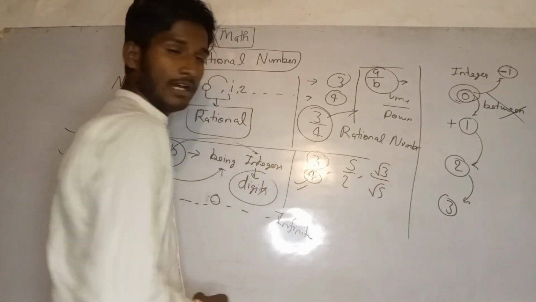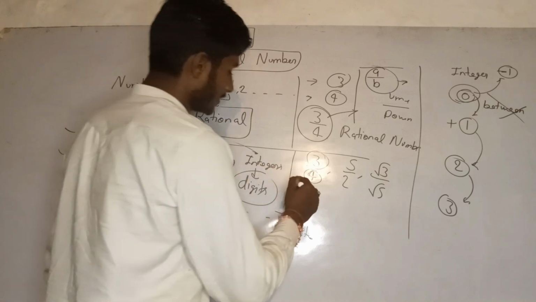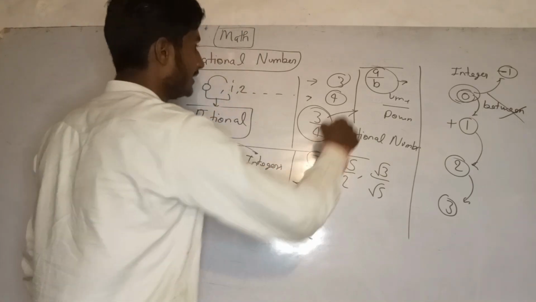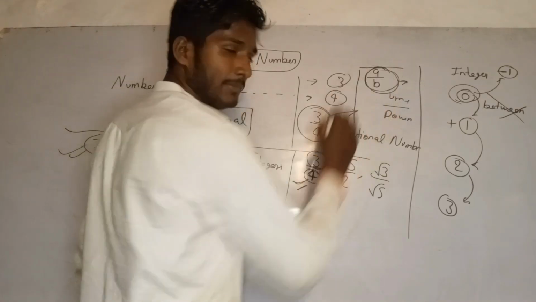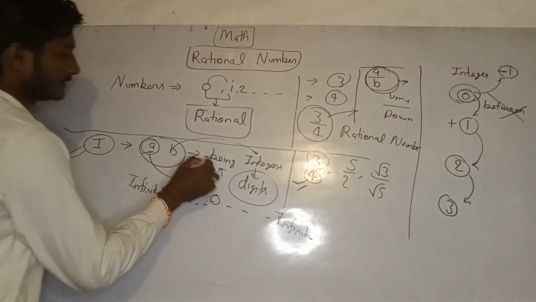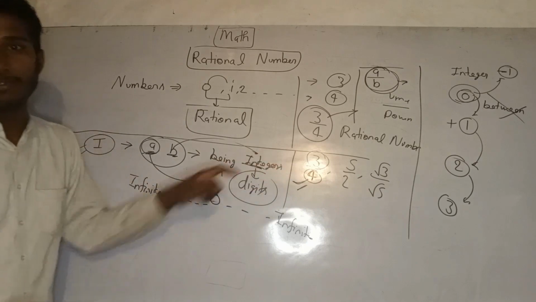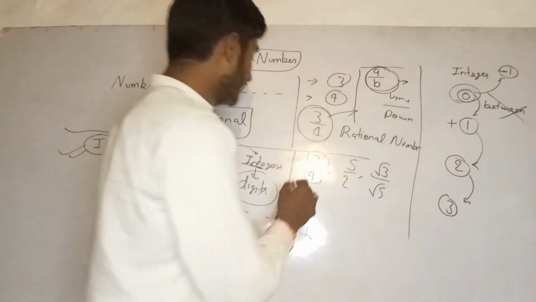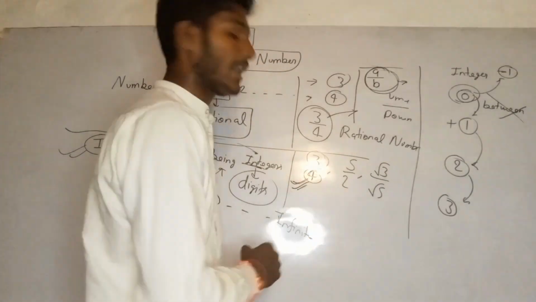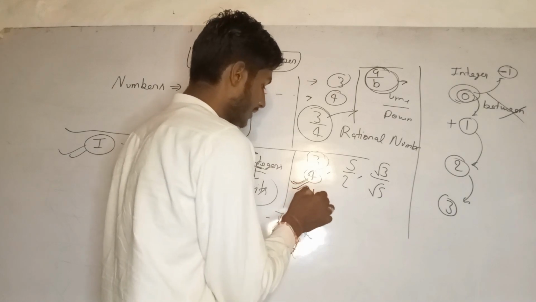So it is a rational number because the condition of a upon b is followed, and the next condition, that a and b are integers, is also complete. So we can say that 3 upon 4 is a rational number.